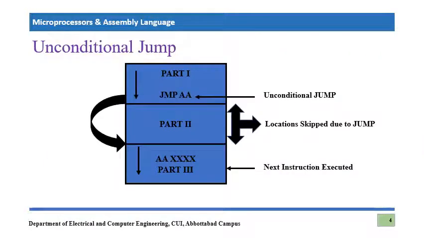Once we talk about jump instructions or conditional flow instructions, we need to deal with two different kinds of jump instruction. One is called unconditional jump, and the other is called conditional jump. In this slide we are going to discuss unconditional jump.